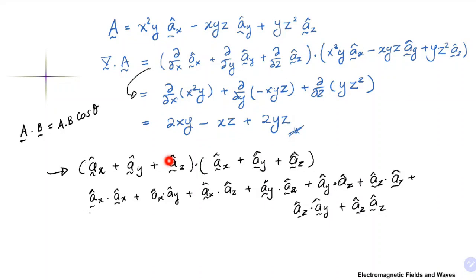So in my coordinate system, this is my AX. AX and AX are aligned, so they are 0 degrees apart. So cosine of 0 is 1. So here I end up with 1.